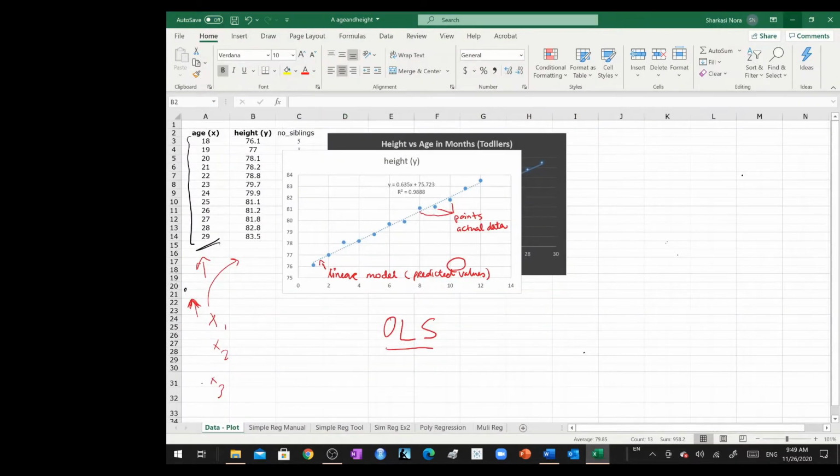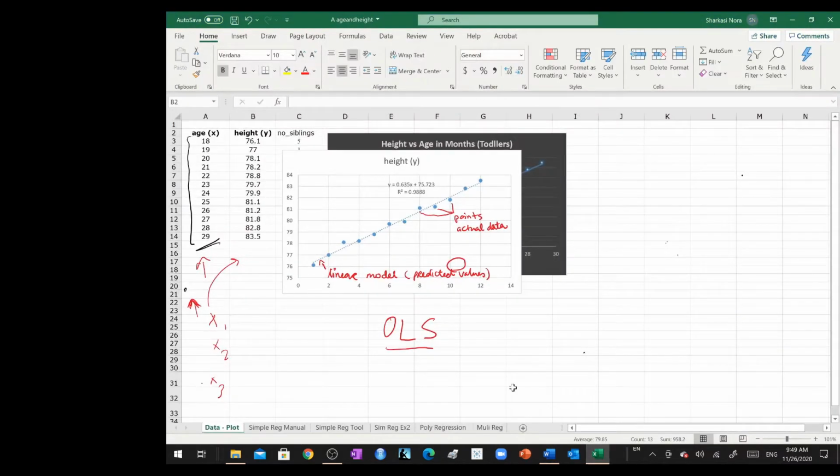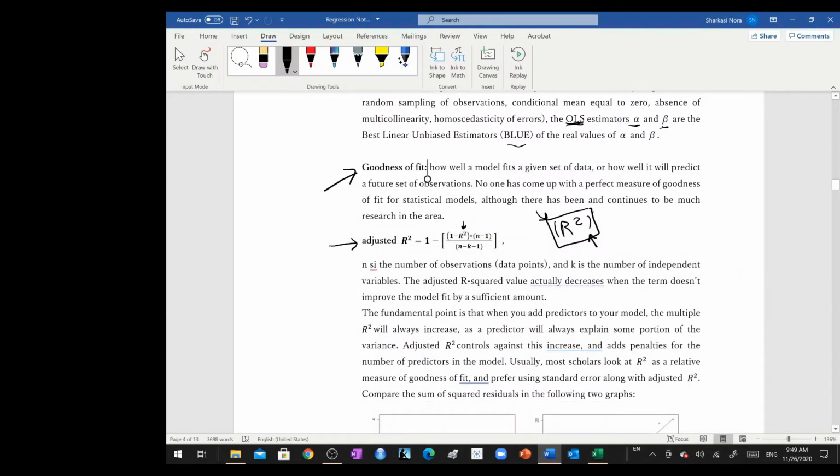Even if we add this variable, and I'm going to show you in a bit, an extra variable that we know is not beneficial, the R-squared value will still increase, indicating that the model is better explaining the variation of the dependent variable, or better predicting, or a better fit, basically.